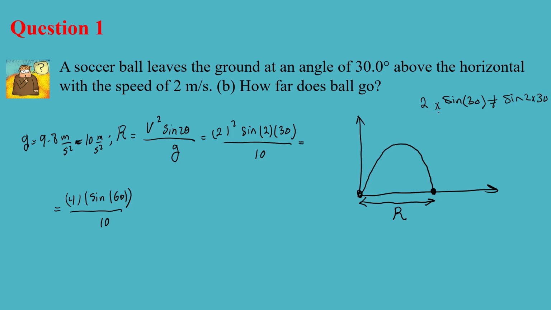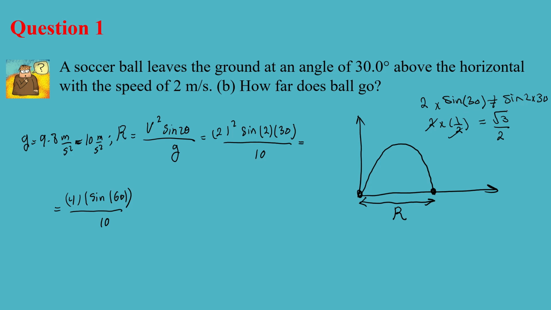If you calculate this, it's going to be 2 times half, and this one is sine 60, which is equal to the square root of 3 over 2. So this is going to be 1, and this is half of the square root of 3. So these two are not equal. Be careful about that.